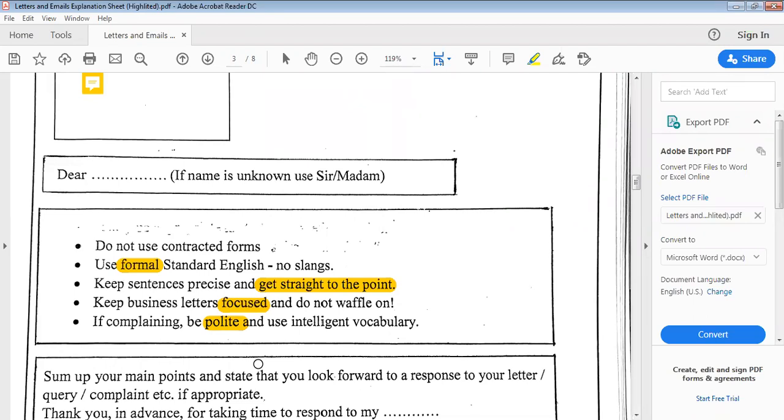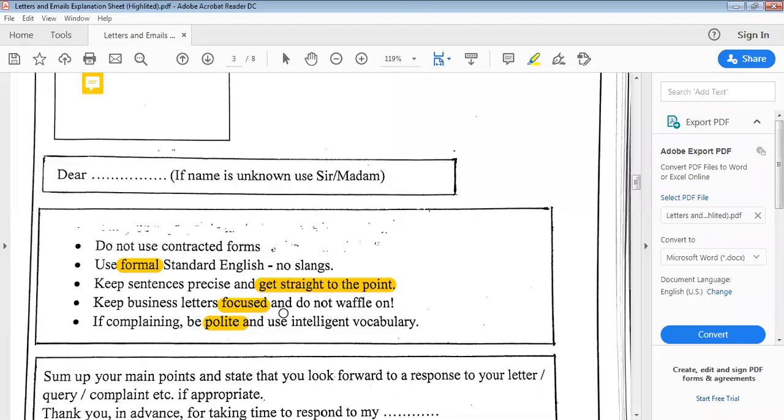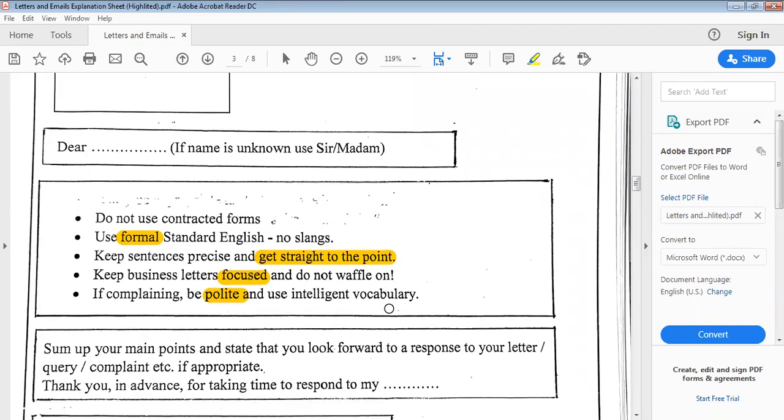If you want the person to take action, you shouldn't really attack them. You have to ask for what you want in a polite manner, okay? And of course, you have to be focused and not waffle on. Waffle on means blab or talk about unnecessary things. You should get straight to the point, okay?